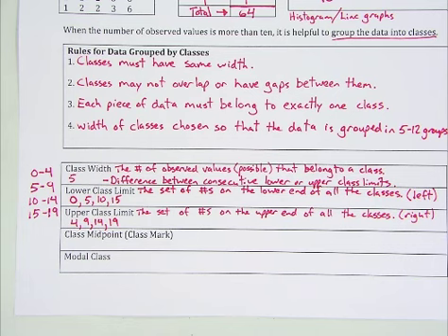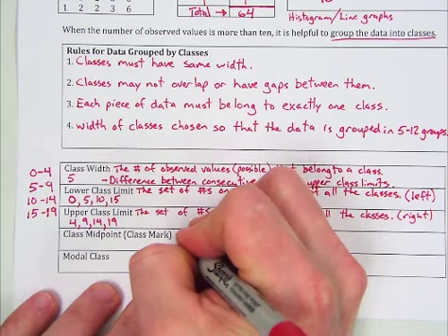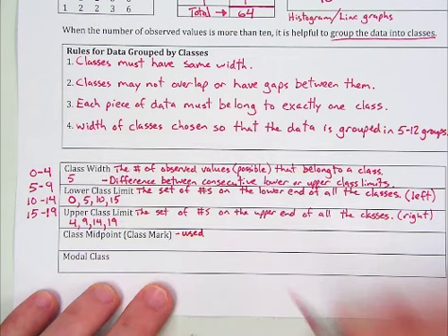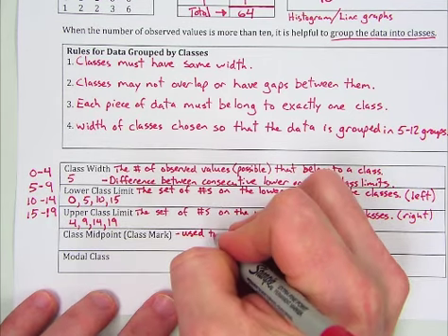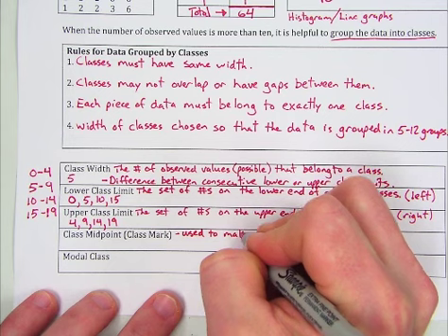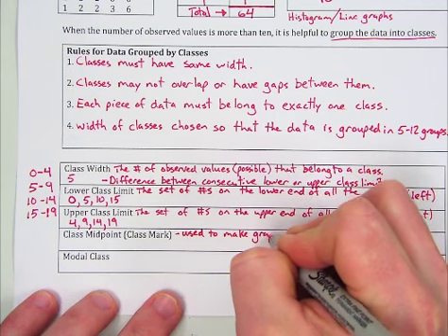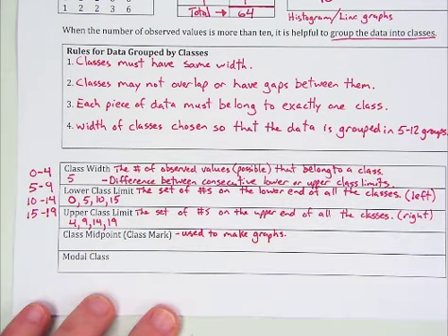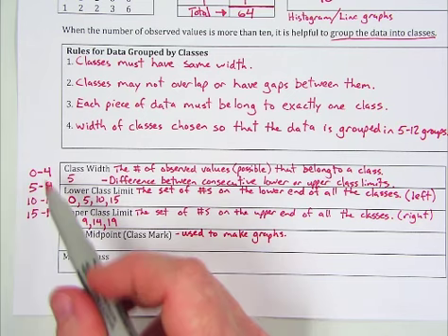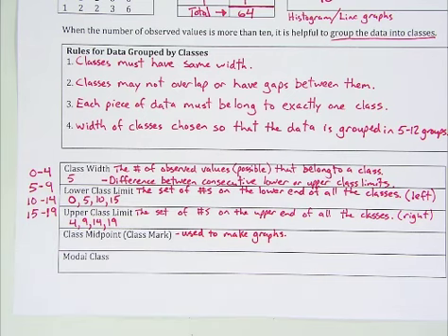The next thing we want to talk about is something called the class midpoint or the class mark. Now this is going to be used when we make our graphs. So rather than listing classes, we actually use the class marks or the class midpoints.